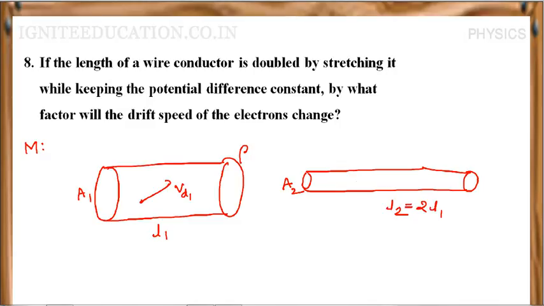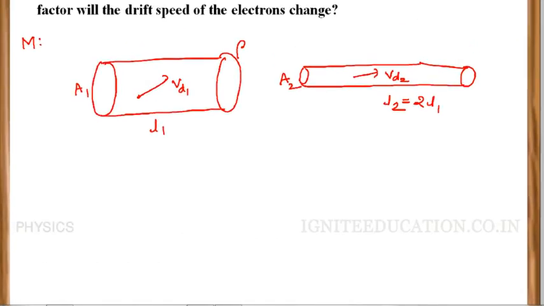So in that situation, what is the relation between the drift velocity and the first drift velocity, or we need to find out the factor of change in drift speed. That is our motto.